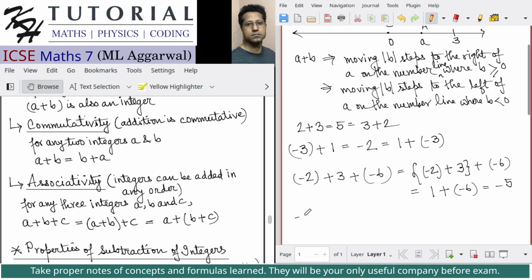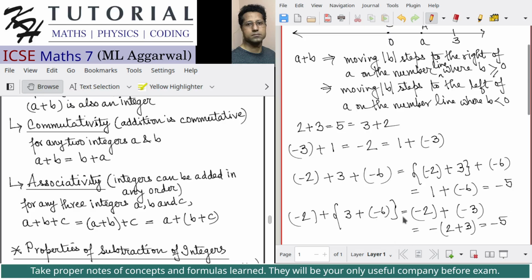Let's see, if I add first the 3 plus minus 6, this is equal to minus 3. So minus 2 plus minus 3 is minus of 2 plus 3, which is equal to minus 5. We get the same result.